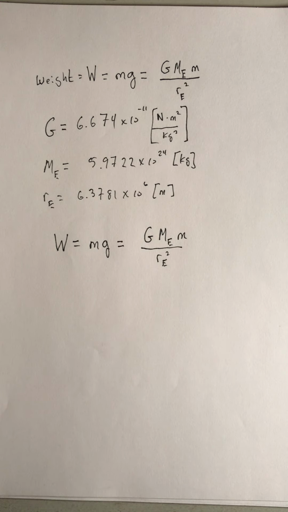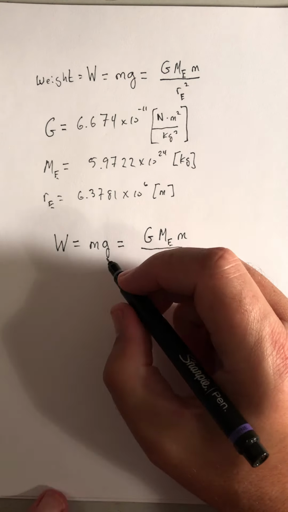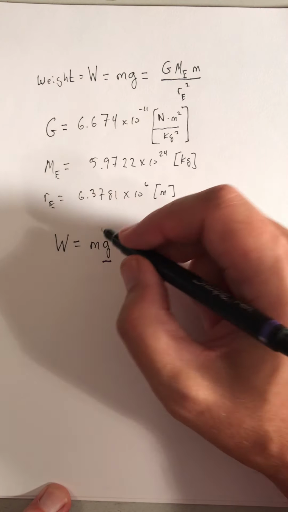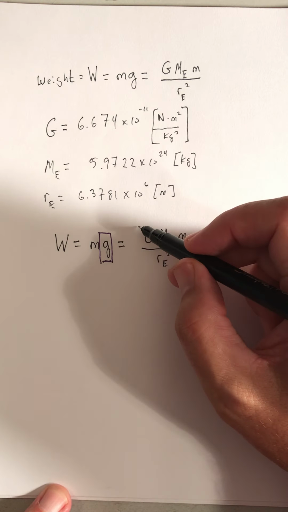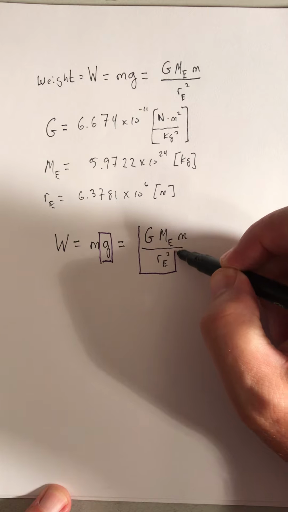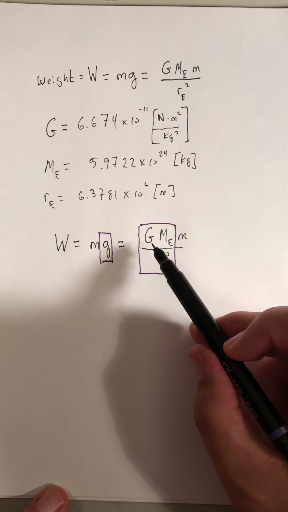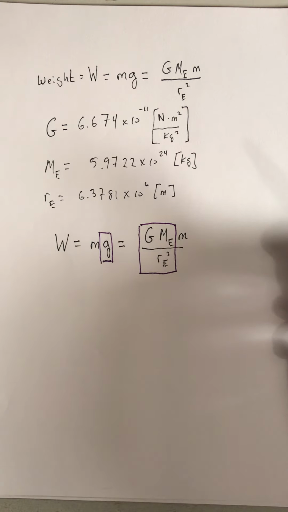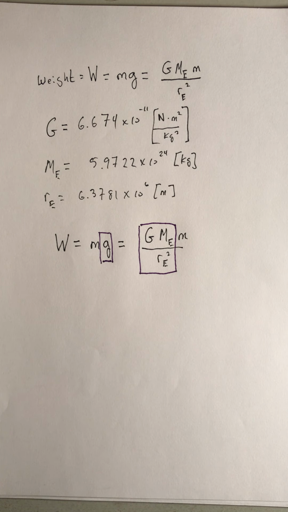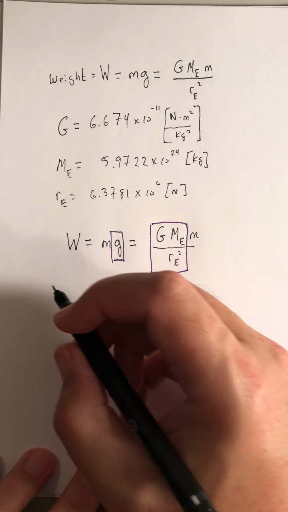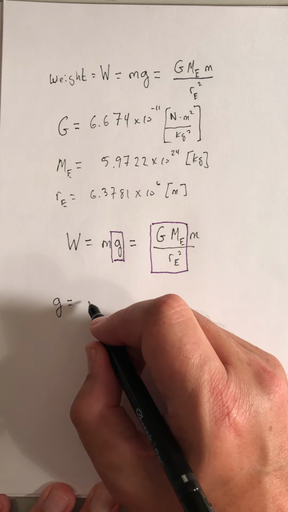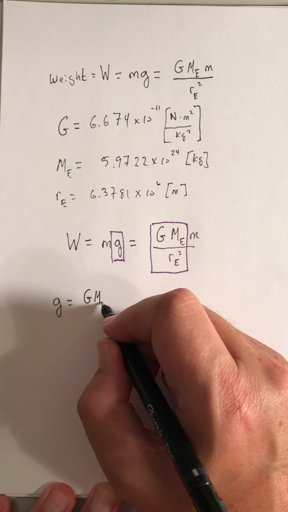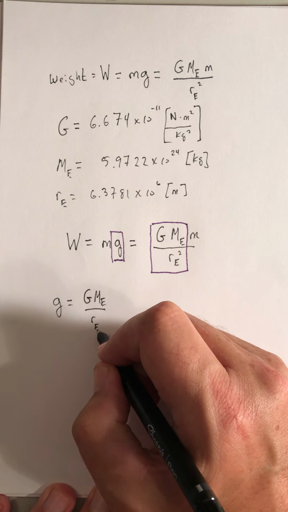And if you look at that for a second, it must be the case that little g here, the acceleration due to Earth's gravity, is given by that combination, universal constant of gravitation, mass of the Earth over radius of the Earth squared. So let's go ahead and calculate that. Little g, universal constant of gravitation, Earth's mass, divided by Earth's radius squared.